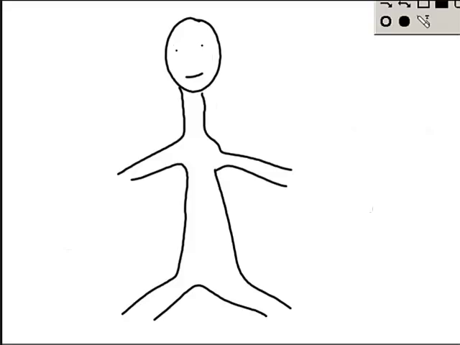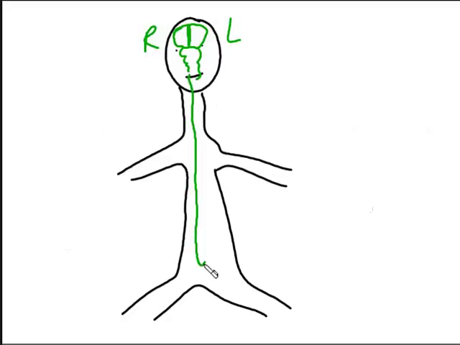Here is the cerebral hemisphere, the right and left, this is the rest of the brain, and this is the spinal cord. Let me draw the cerebellum up here somewhere like this. So this here is the cerebellum.